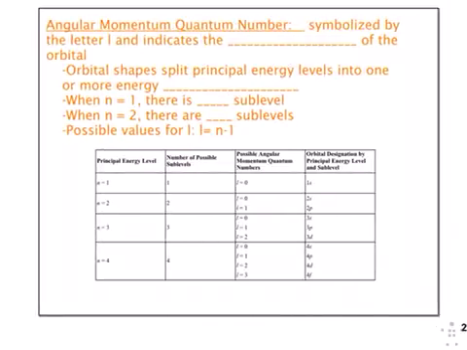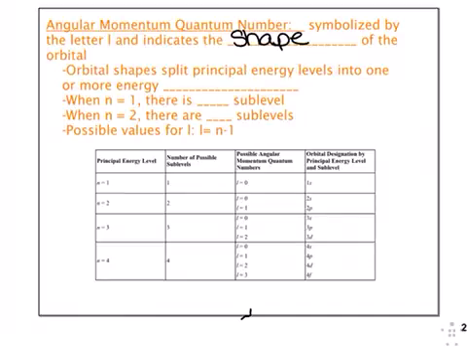The second quantum number is the angular momentum quantum number, and this is symbolized by the lowercase l, and it will indicate the shape of the orbital. So not every orbital would look like a sphere, as what comes to mind for me.